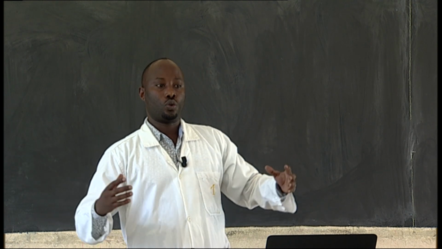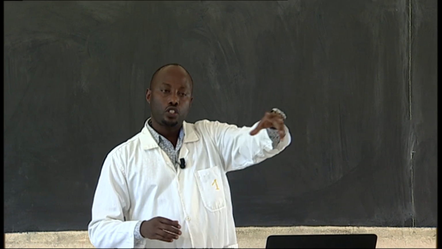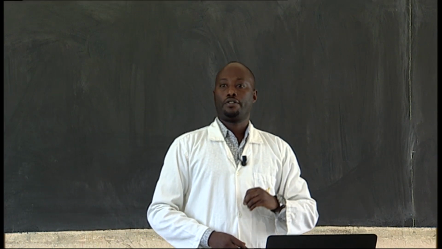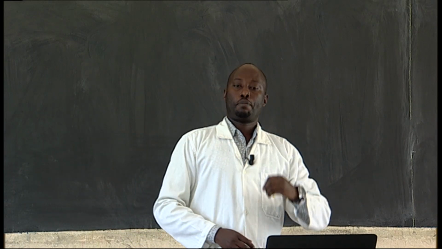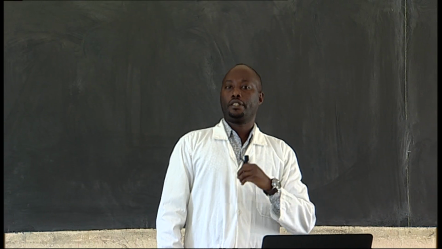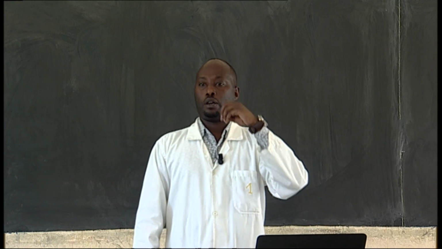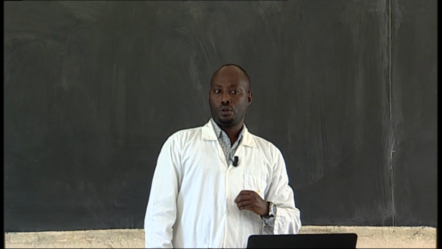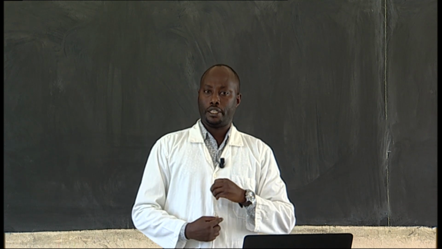The breathing rate is controlled by the respiratory center in the brain. The respiratory center that controls the breathing mechanism in our body is the hypothalamus. The hypothalamus is a part of the midbrain which is responsible for controlling the breathing mechanism in our body. So breathing is also controlled by the brain.